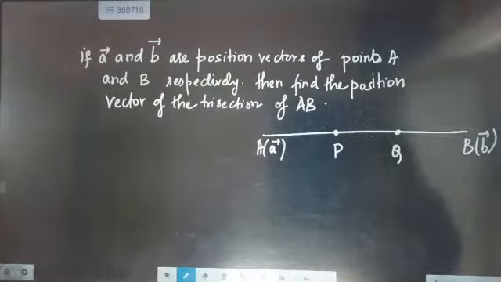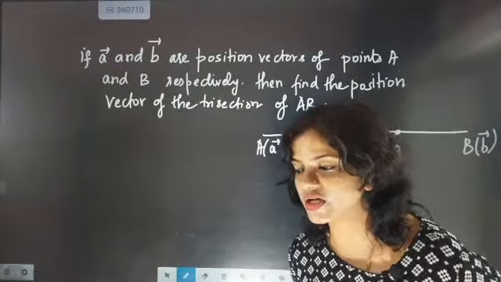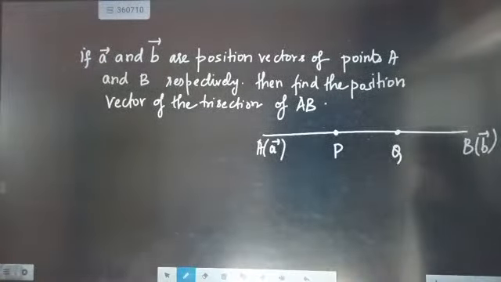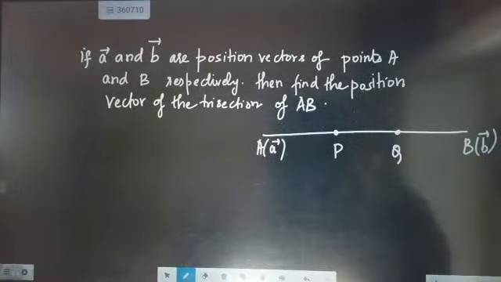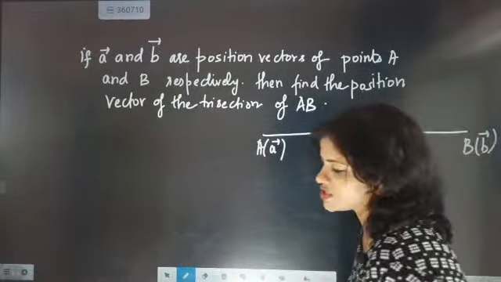So when you are asked to find the trisection, at that particular moment what you have to do, if A vector and B vector are position vectors of points A and B respectively, then find the position vector of trisection of AB.